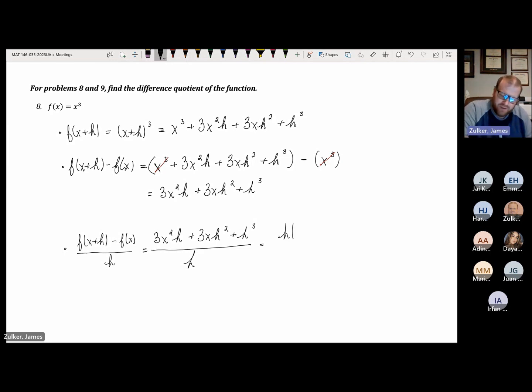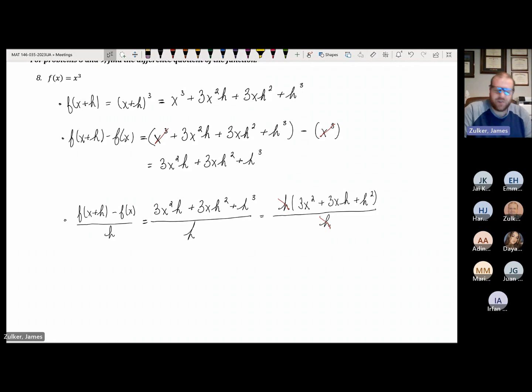And you can factor out an h from the numerator, and we're going to be left with 3x squared plus 3xh plus h squared. You have h over h, that's just 1. And so we're left with 3x squared plus 3xh plus h squared. That is our difference quotient for this function.